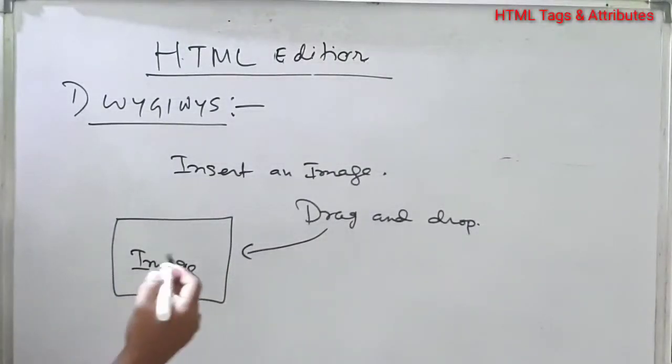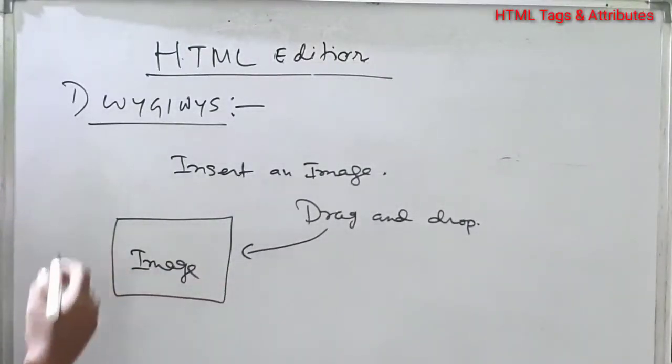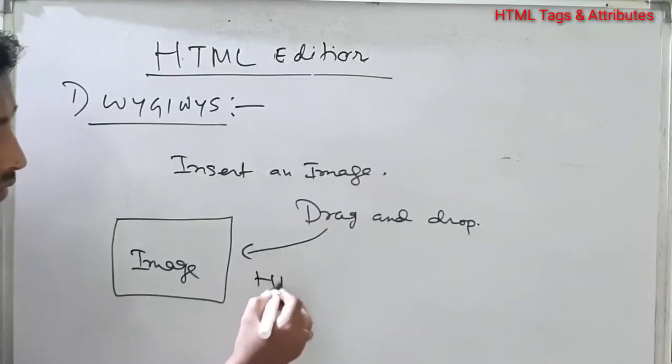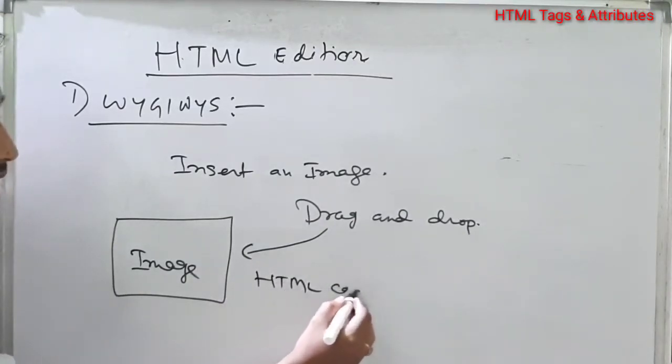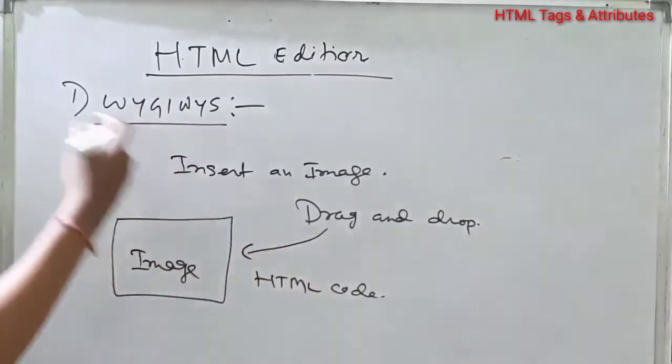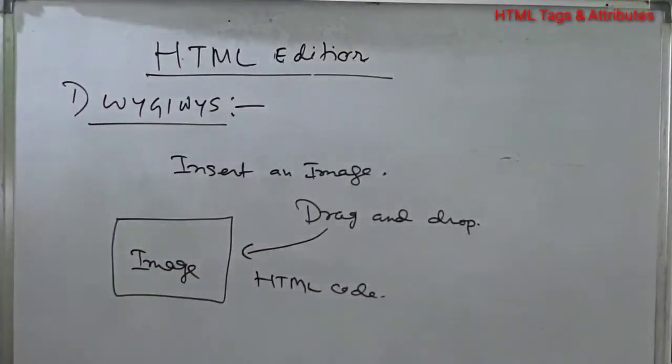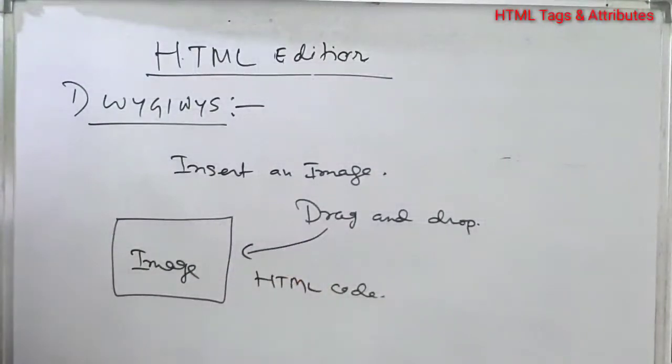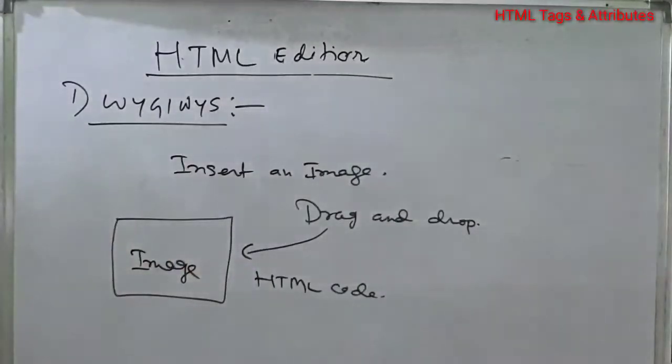Okay, but if you insert this image, otherwise, you have to write the HTML code. But nowadays, if you're using these editors, then no need to write the HTML code. When you drag and drop, the HTML code is also already inserted in this drag and drop option. Means what?